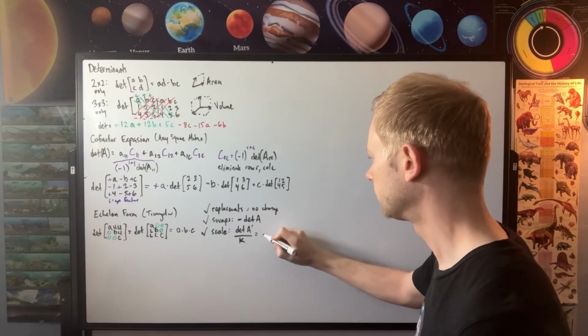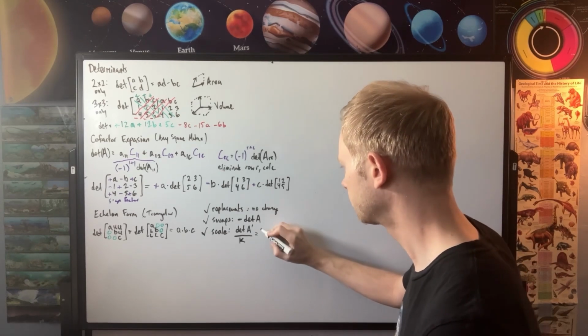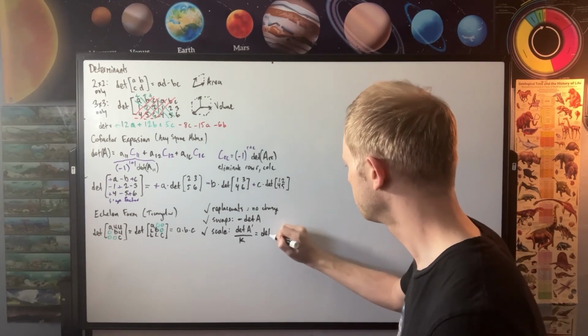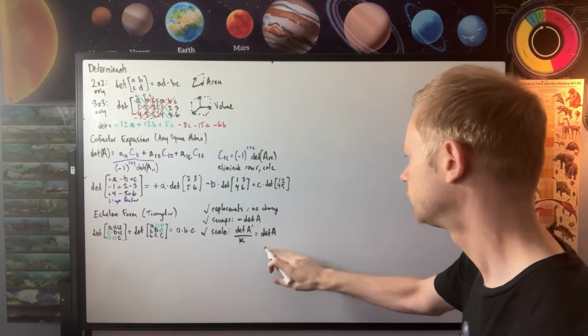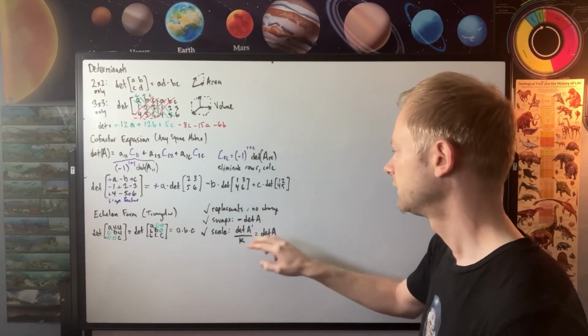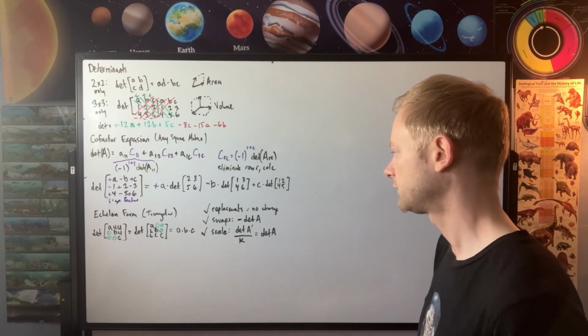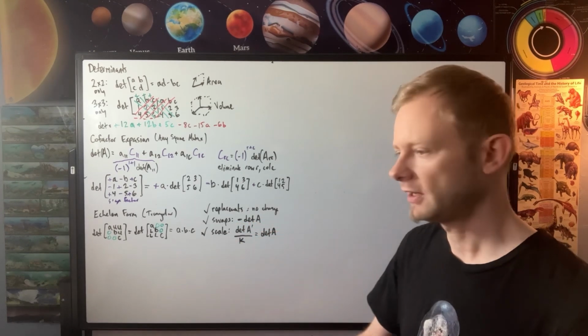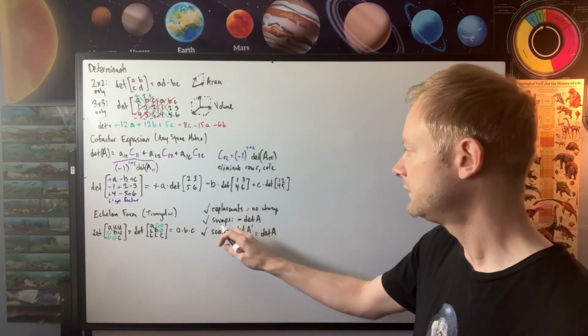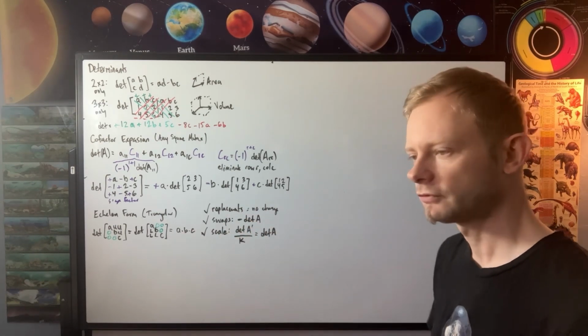Otherwise, it's going to be a scaled determinant. So this is how you can get back to your determinant of A, by reversing the moves: negating the determinant, or dividing it, and getting your determinant of A back. This is if you need to make these moves in order to get it down into the triangular form.